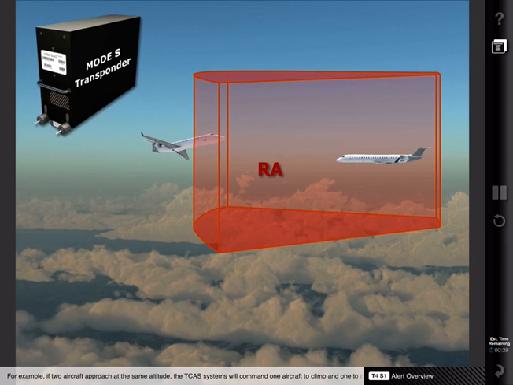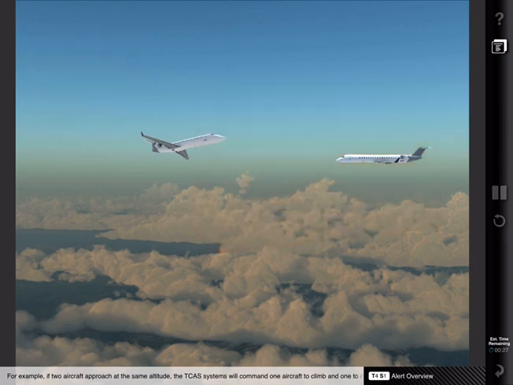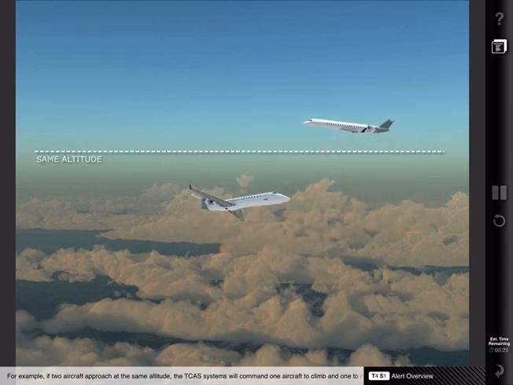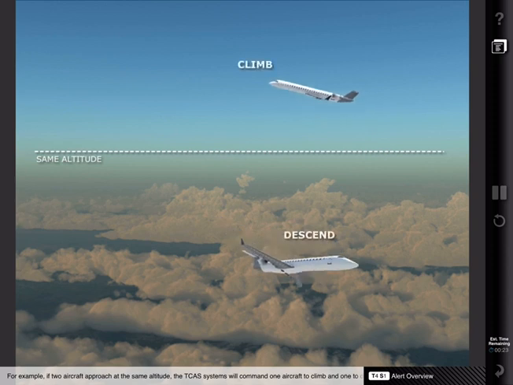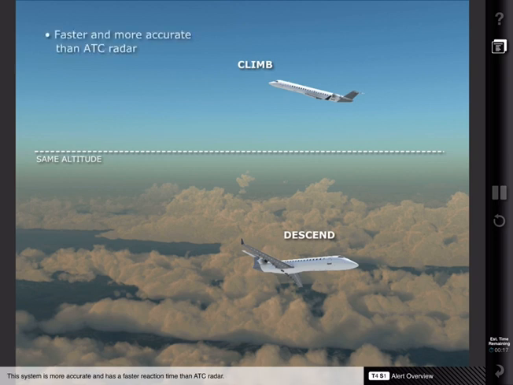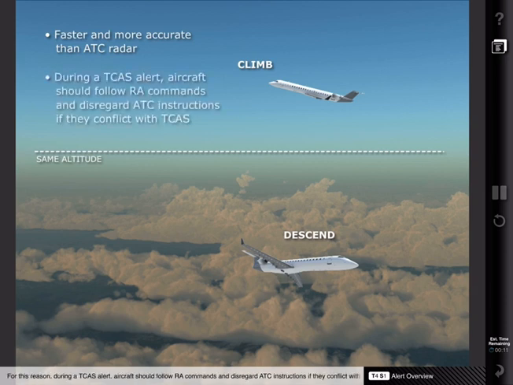For example, if two aircraft approach at the same altitude, the TCAS systems will command one aircraft to climb and one to descend. This system is more accurate and has a faster reaction time than ATC radar. For this reason, during a TCAS alert, aircraft should follow RA commands and disregard ATC instructions if they conflict with TCAS.